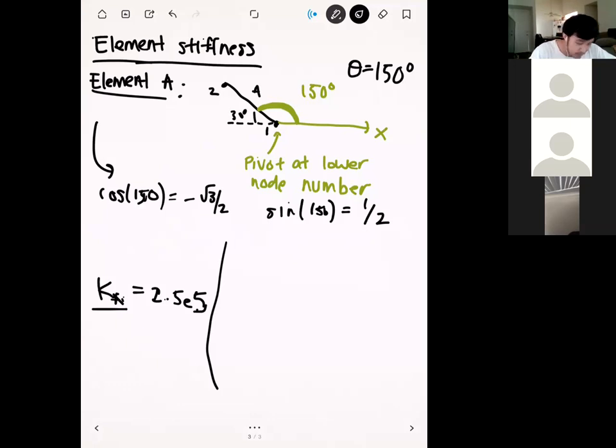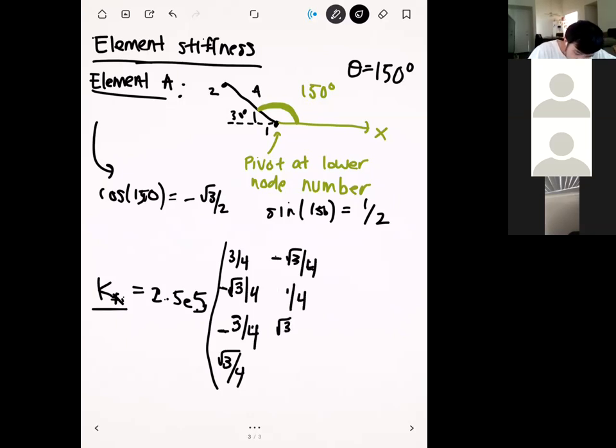So we plug in everything, we're going to get 3/4, and then minus root 3 over 4. Right? Minus 3/4. And then root 3 over 4. Right? Minus root 3 over 4, 1/4, root 3 over 4, minus 1/4, right?